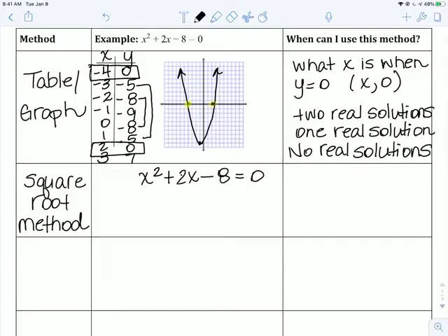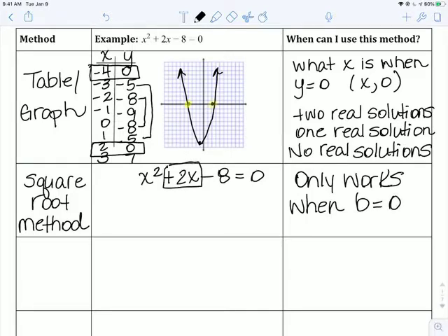What we need to know is that this method only works when your b is equal to 0. So notice in this case, your b is not equal to 0. Your b is equal to 2. So you can't use this method. Can't use the square root method.